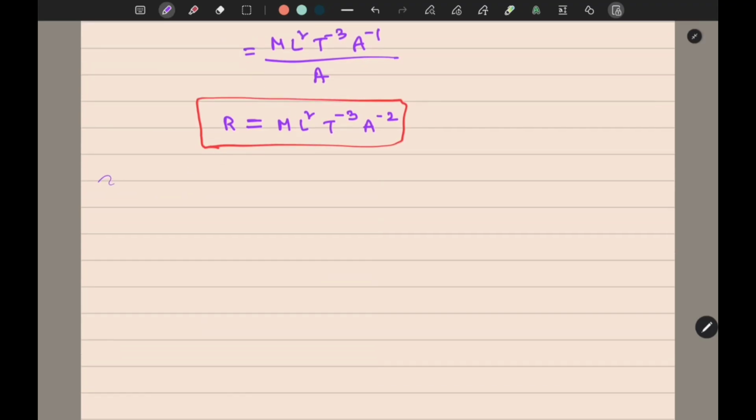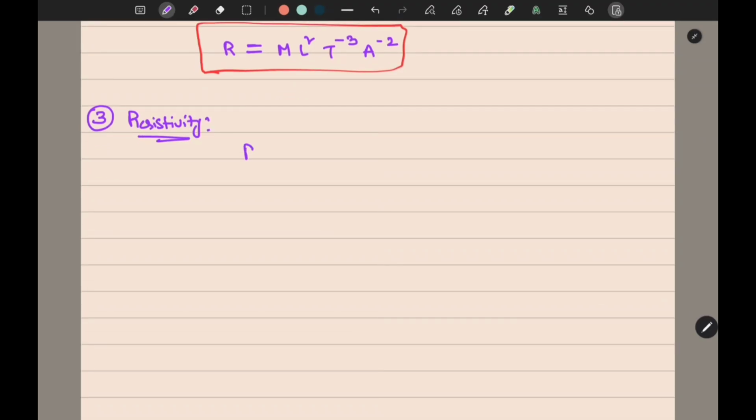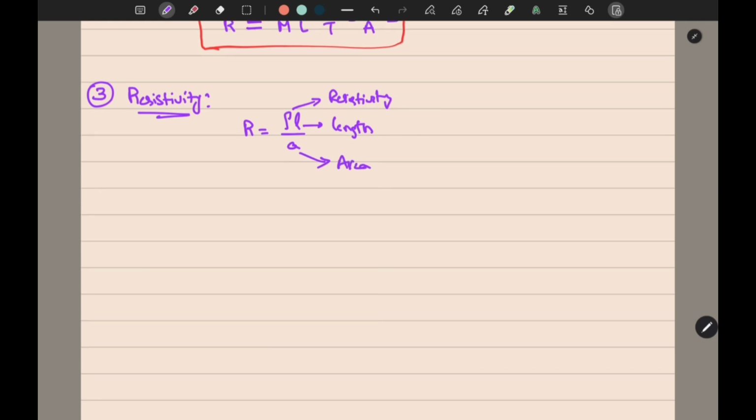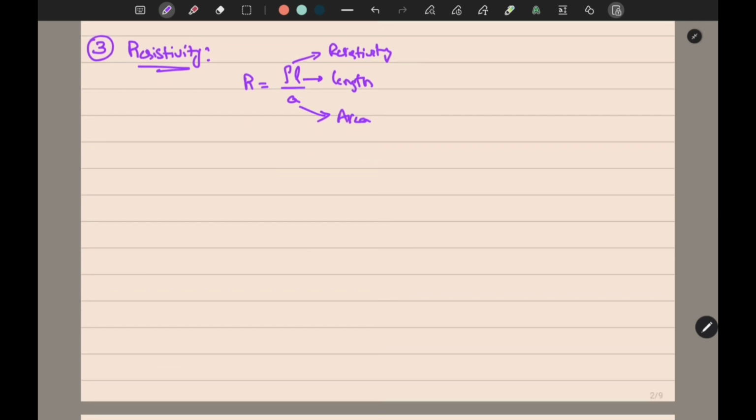And next we can go to the dimensional formula of resistivity. Here, we know that the resistance is equal to rho L by A. Rho is resistivity, L means length, A means area of the conductor. So from this, resistivity rho is equal to R into area by length.